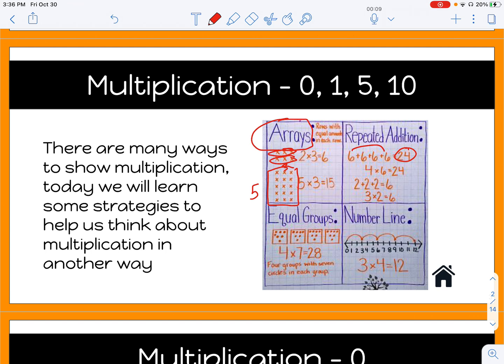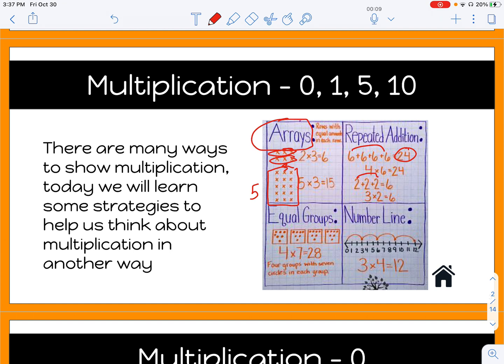And so I can say 4 times 6 equals 24. I'm going to get to the same answer; however, I'm just looking at it in a different way. I can also think of repeated addition for 2 plus 2 plus 2 equals 6. But I also can see that I have 3 twos.